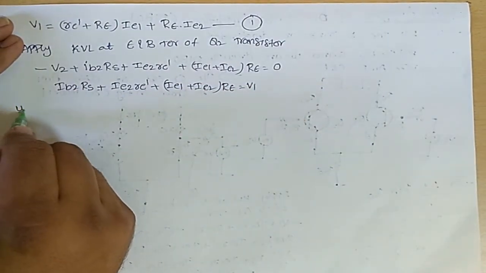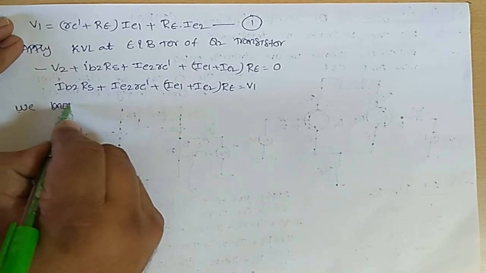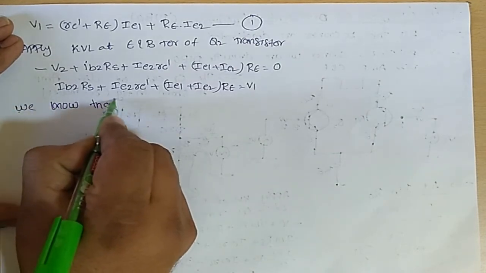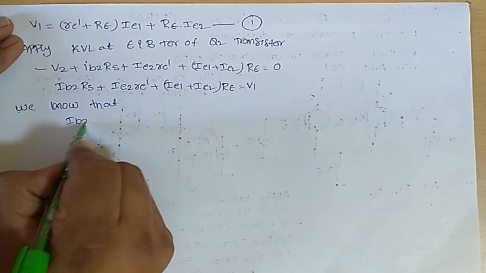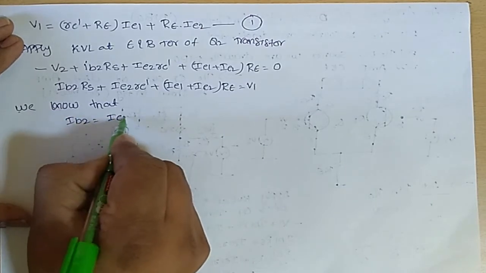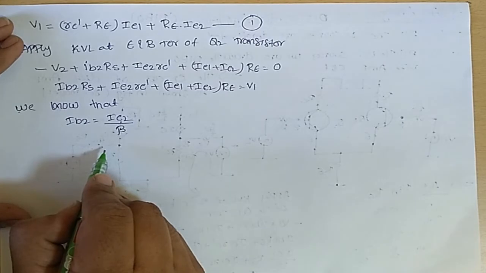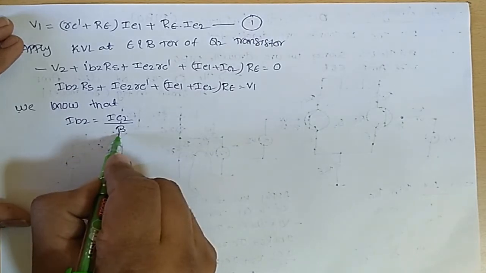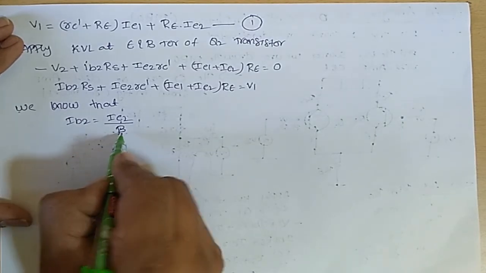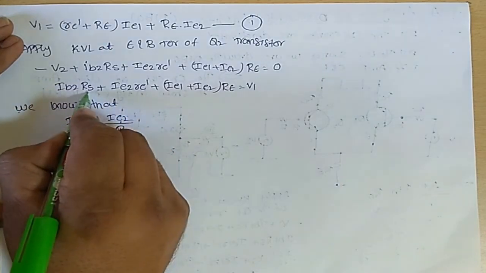We know that IB2 equals IE2 by beta. In the differential amplifier circuit the beta is large and the source resistance is small.